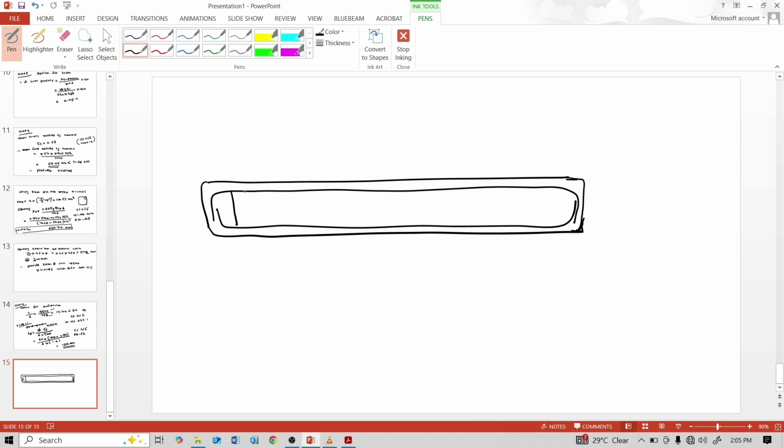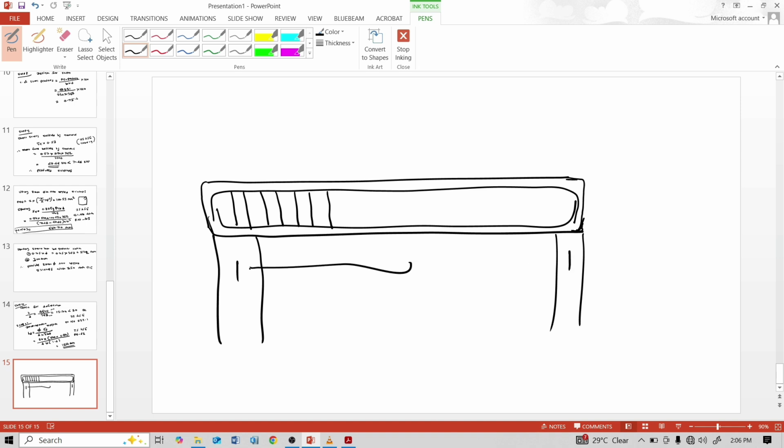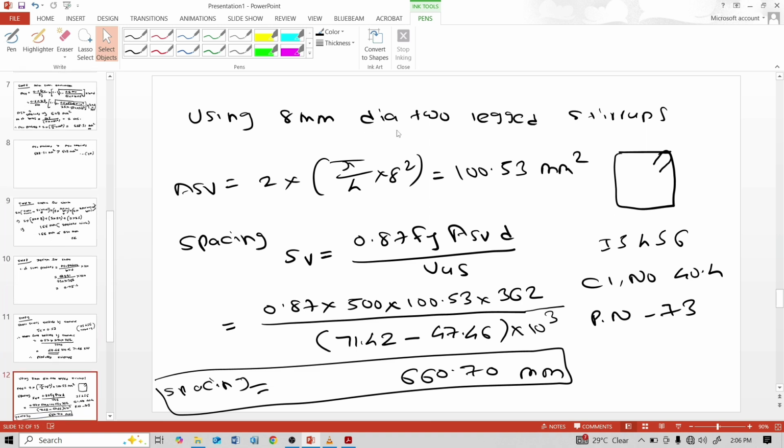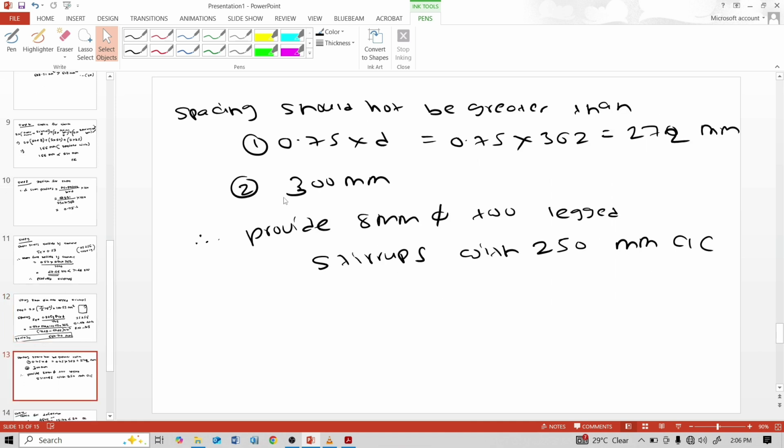And these are stirrups. Here, column. This much is the effective length, 4.6 meter. So our design is 8 mm diameter, 2 leg stirrups, 250 mm center to center.